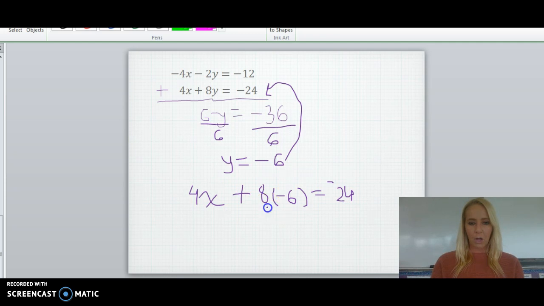So now I'm going to solve. 8 times negative 6 is negative 48. So 4x plus negative 48, or minus 48, equals negative 24.